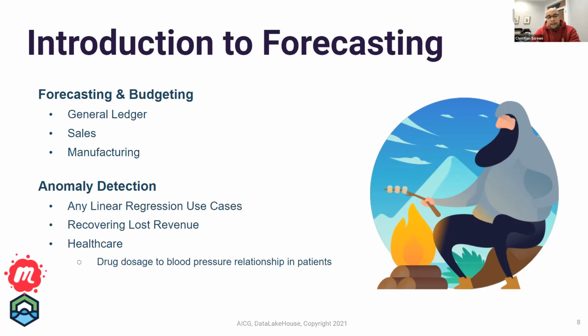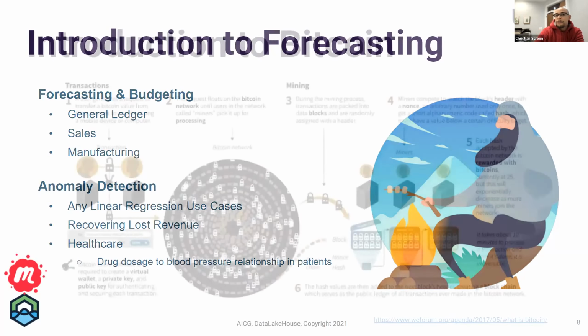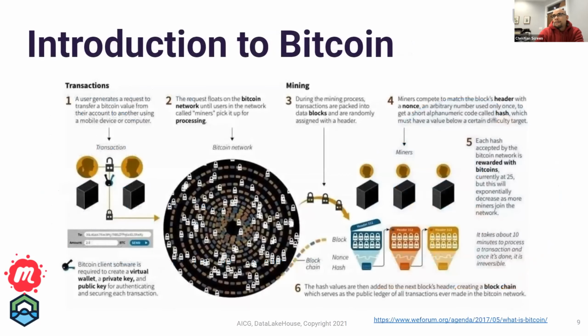And there are lots of other industry use cases, such as in healthcare, determining drug dosage to blood pressure relationships in patients, and we're seeing a lot more use cases out of healthcare these days for obvious reasons I won't go into right now. That's just a general intro to forecasting, and we're going to spend pretty much the rest of the time today talking about that.